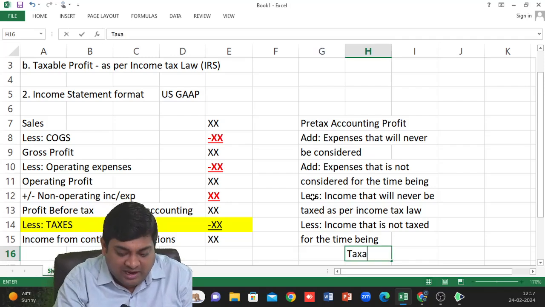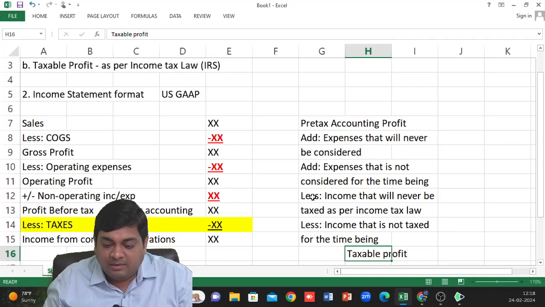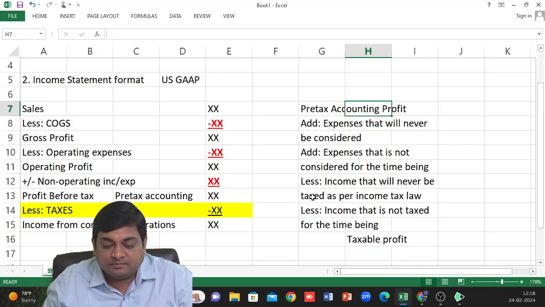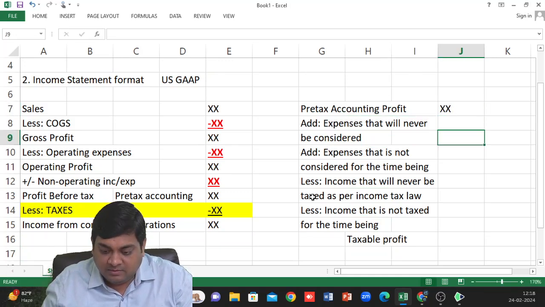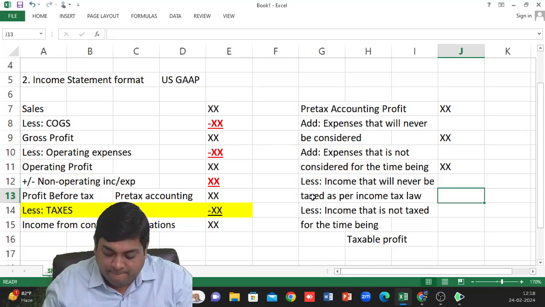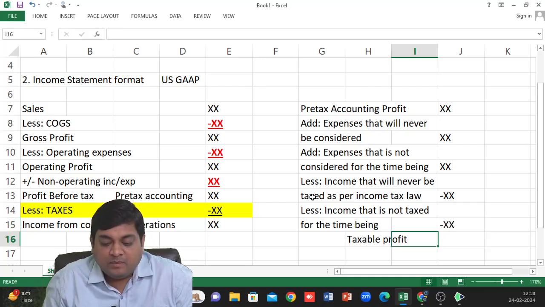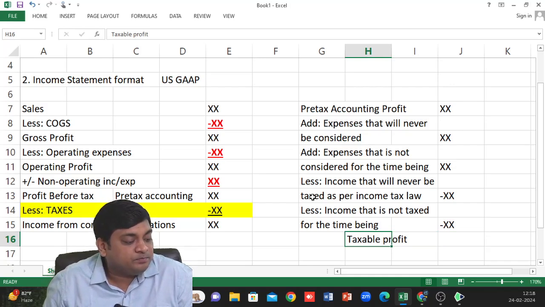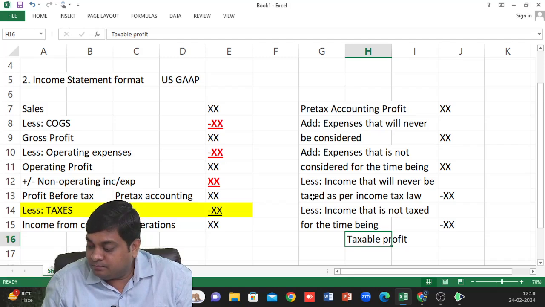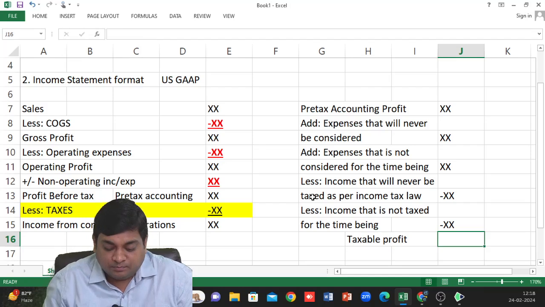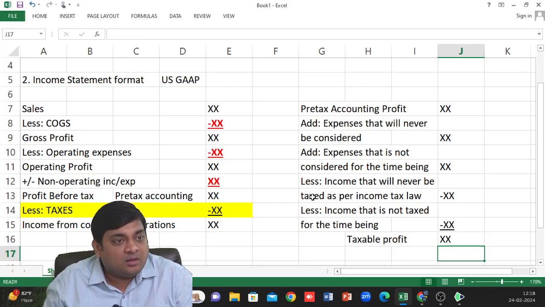So when I do all these adjustments, I get taxable profit. Right? Is it okay? Fine.